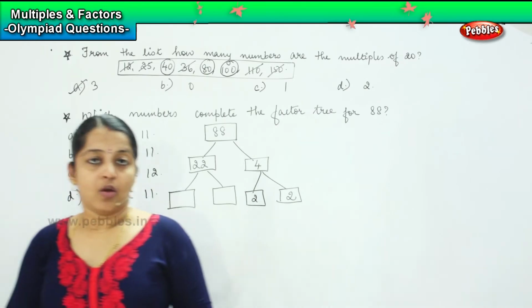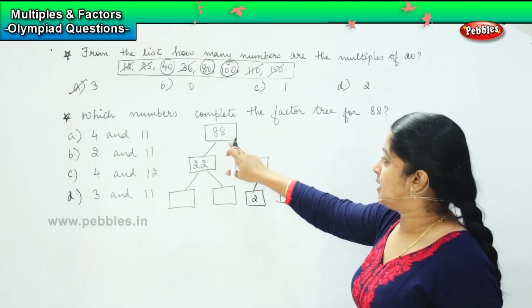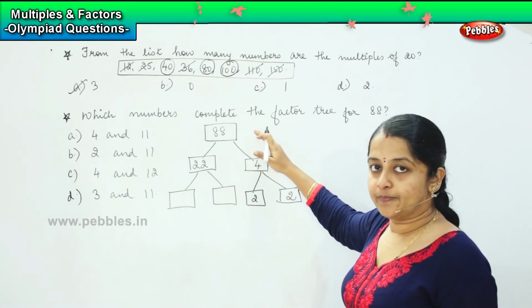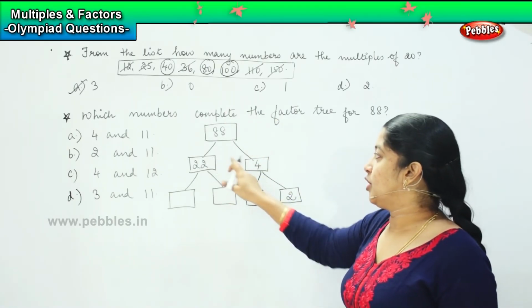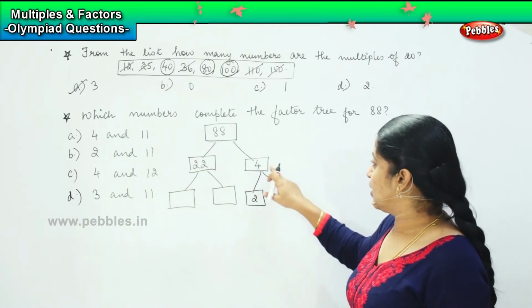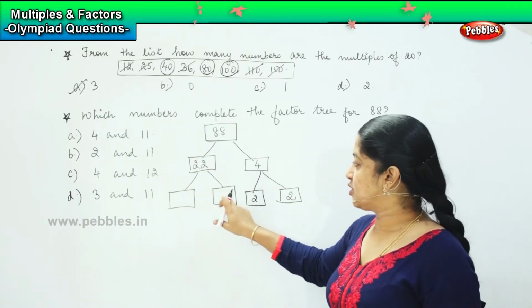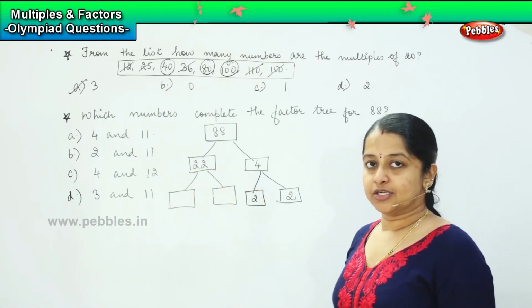Okay. So now let's try to find the right answer. So 88, if you simplify it, it will be 22 and 4. So 22 into 4 is 88. Right. Here 2 into 2 is 4.